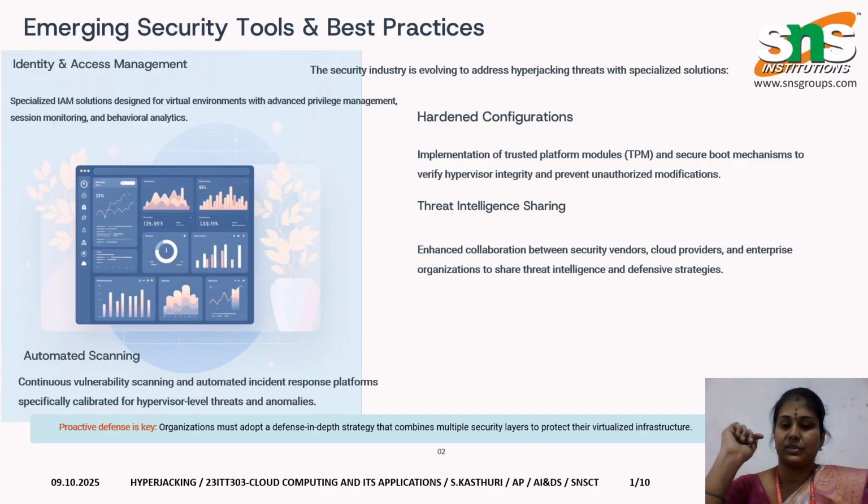Threat intelligence sharing: cloud providers like AWS Shield and Google Mandiant now share live threat data on new hyperjacking attempts. The Cloud Security Alliance released the 2025 hypervisor security framework, adopted by companies like NVIDIA Cloud and IBM Cloud Satellite for virtual infrastructure hardening.